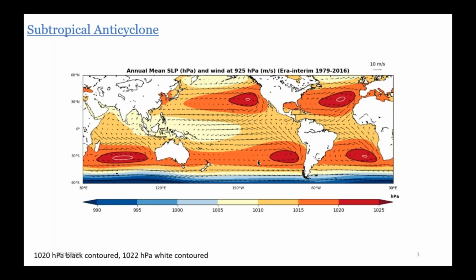However, if you look more closely, there are more intensified areas, like the black contour here, 1020 hectopascal, whereas the white contour is 1022 hectopascal. So there is more intensified sea level pressure associated with a counterclockwise wind circulation in the southern hemisphere and a clockwise circulation in the northern hemisphere, in the eastern flank of the subtropical ocean, known as the subtropical anticyclone.